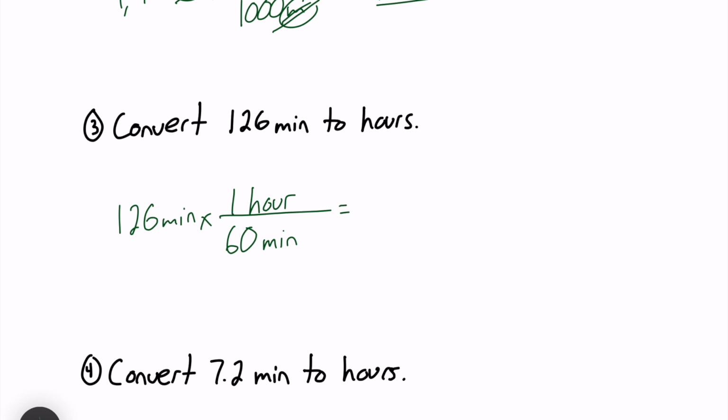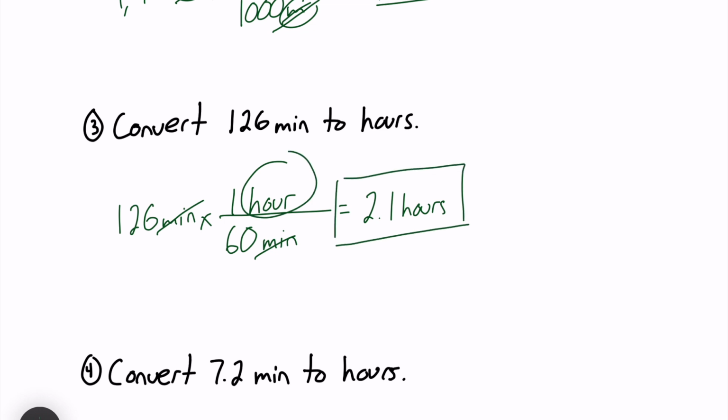So if 60 is on the bottom, that means we are dividing by 60. So we just have 126 divided by 60, and what we get is 2.1 hours. And just to check our units here, we have minutes on the bottom, minutes on the top. Those will cross off. We're left with hours, so our answer should be 2.1 hours.